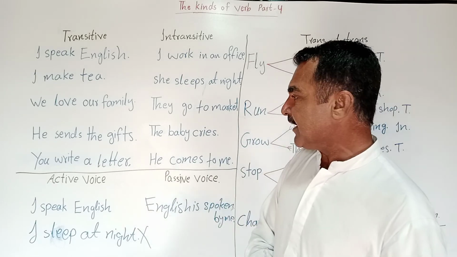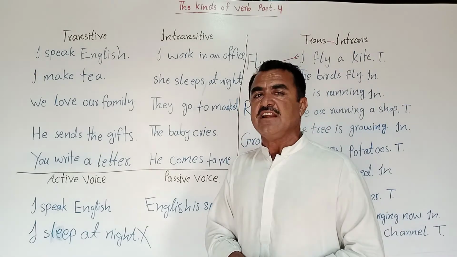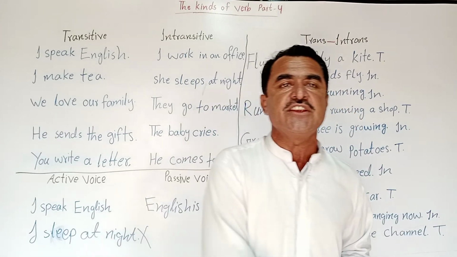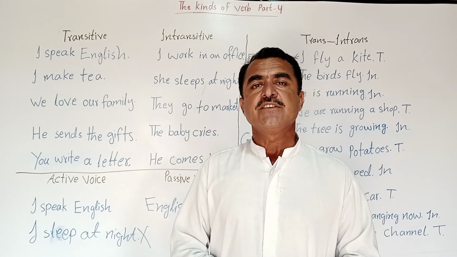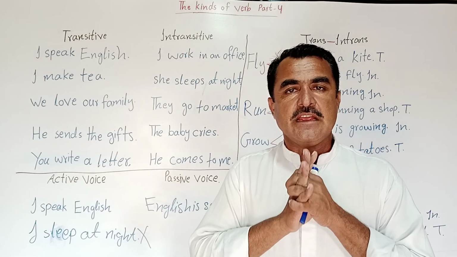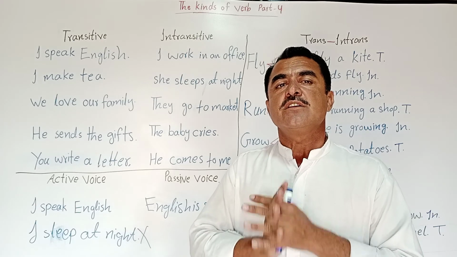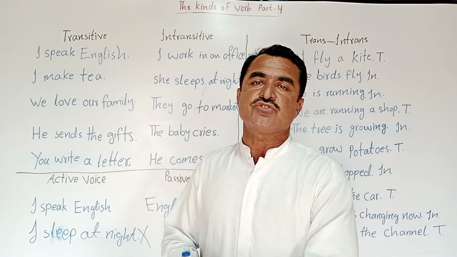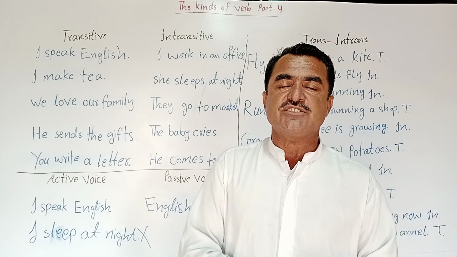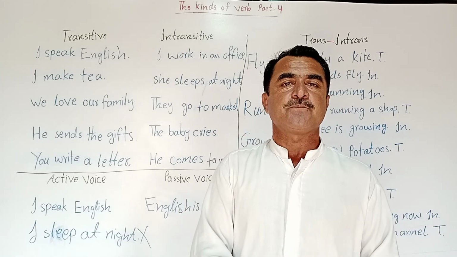Okay, now let's go to the last major sign to identify the transitive and intransitive verbs. So the last sign is this, that transitive verbs are always used in active and passive voice sentences. Intransitive verbs are not used.